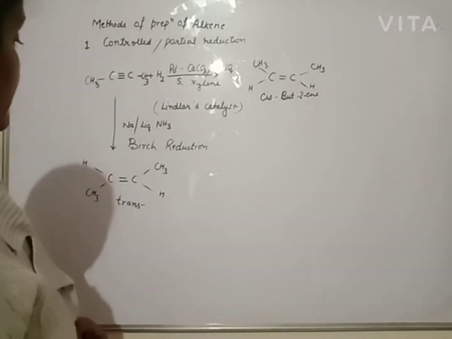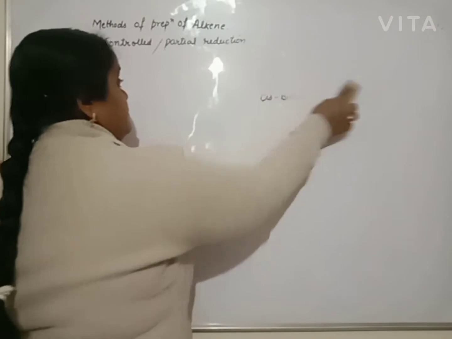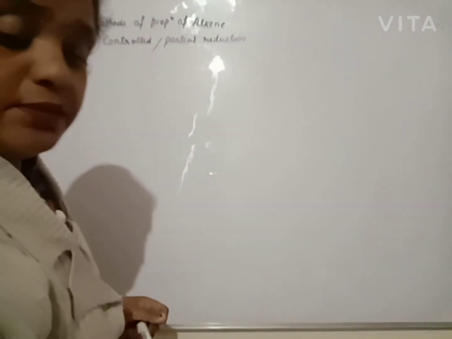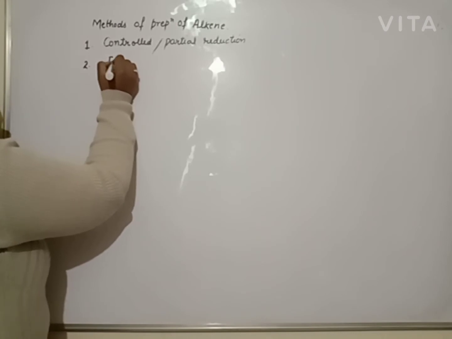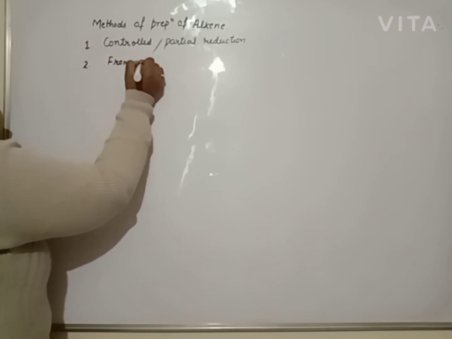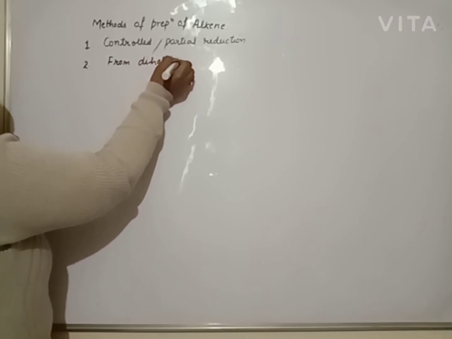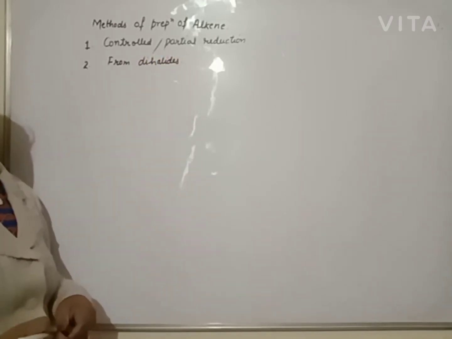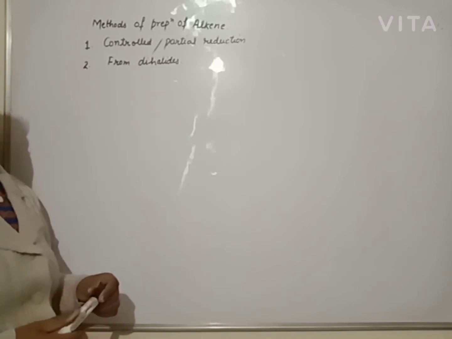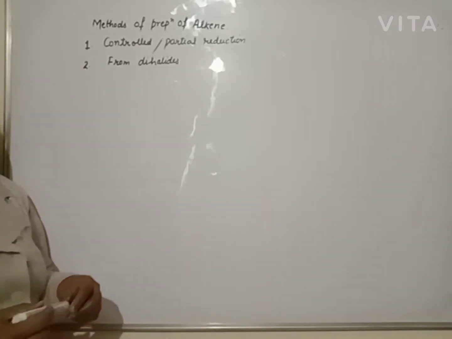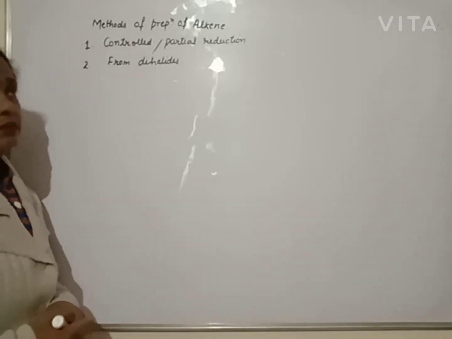Clear? Another method for the preparation of alkene is from dihalides. Dihalides are those compounds in which two halogens are present. Beta, we will use vicinal dihalide. Two halogens are present at adjacent carbons.